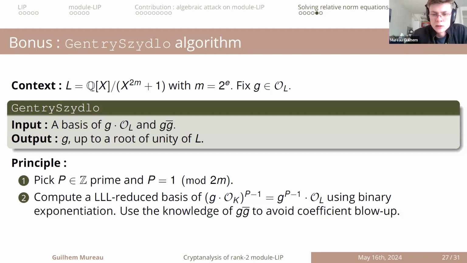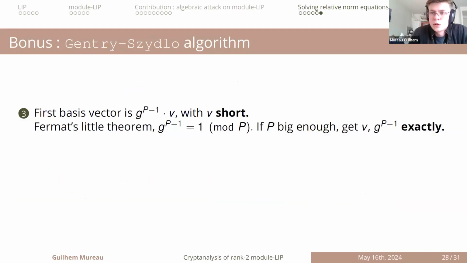This is possible by doing a binary exponentiation and using the knowledge of the norm G G bar to avoid coefficient blow-up. So we can compute this big power efficiently. And if we take an LLL reduced basis of this big power, the first basis vector will have the shape g to the p-1 times v, with v a short vector.